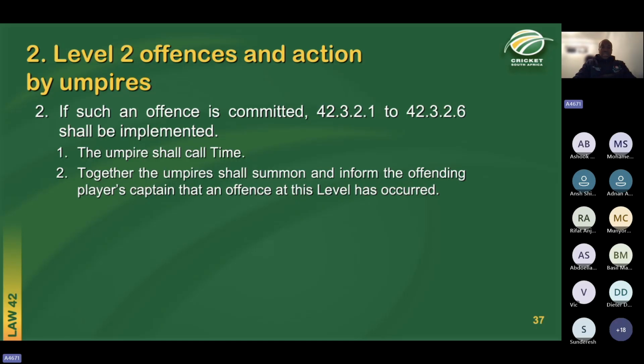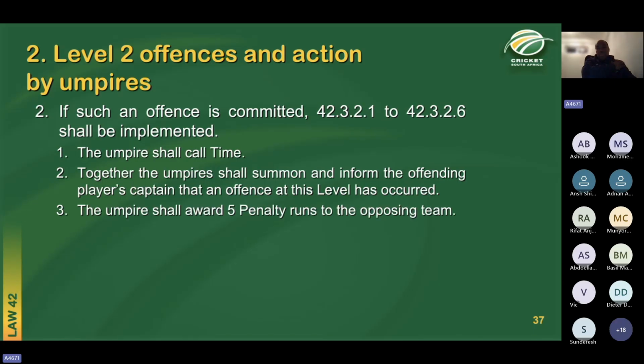Together, the umpires shall summon and inform the offending player's captain that a level 2 offense has occurred, and we go straight to punishment, and we award 5 penalty runs to the opposing side. We know 5 penalty runs to the batting side, we tap our shoulder. 5 penalty runs to the fielding side, we hold our opposite shoulder.